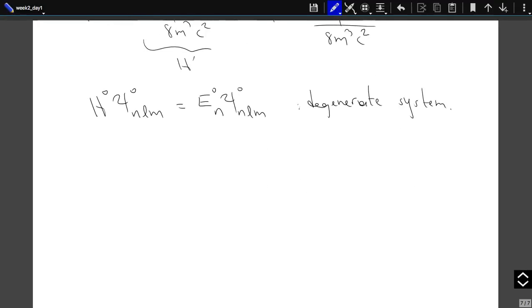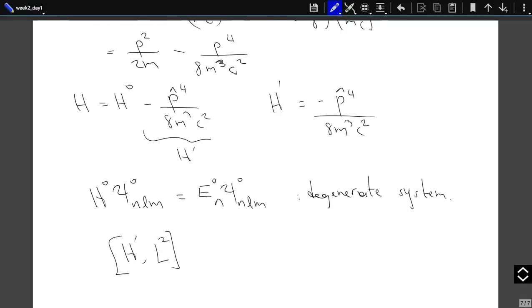Okay, so we have to look at the degenerate perturbation theory. Or maybe not. So let's look at this one, H prime. Does H prime commute with L squared? You see, this is our H prime. It is momentum to the power 4.